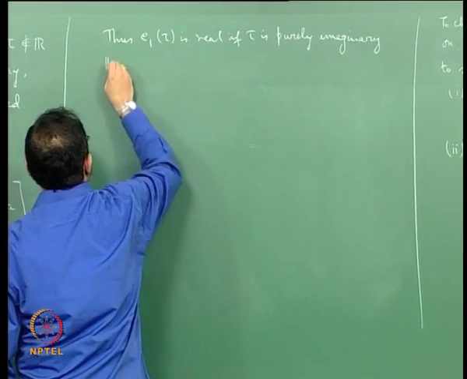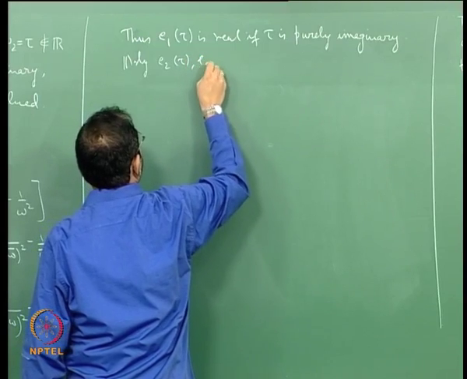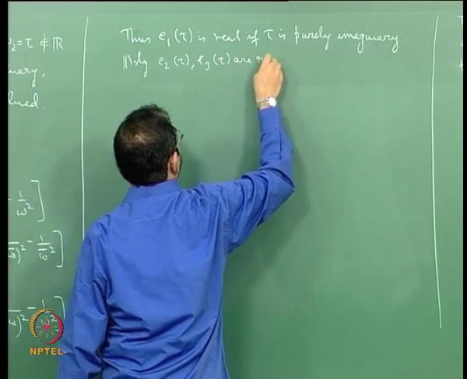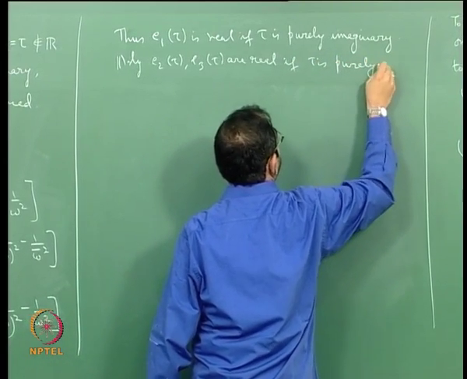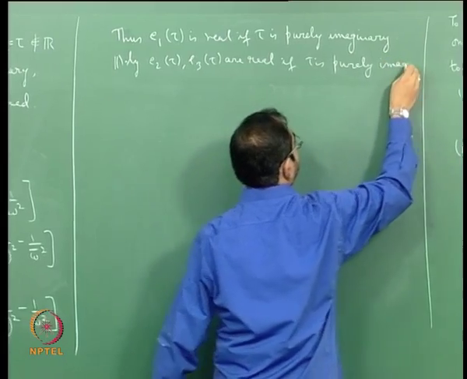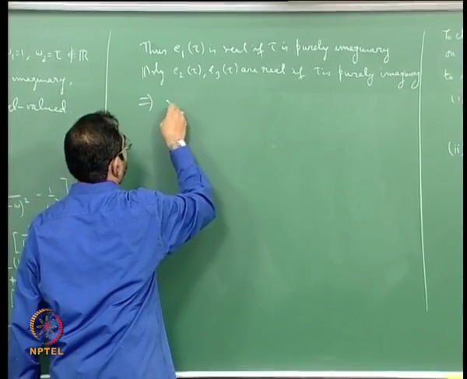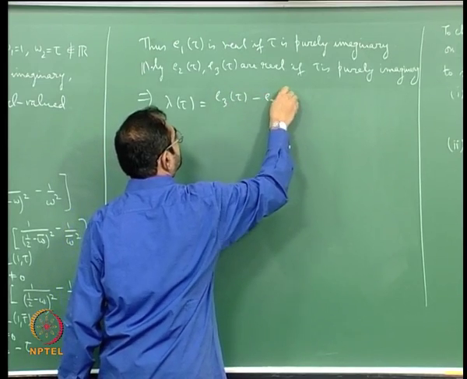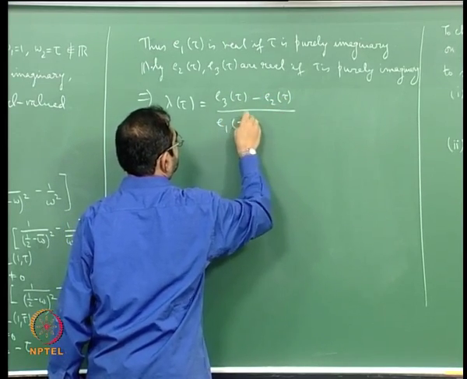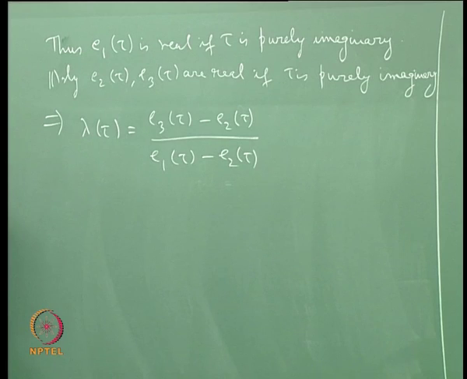Similarly, E2 of tau and E3 of tau are real if tau is purely imaginary. So this implies that lambda of tau, which was defined to be E3 of tau minus E2 of tau by E1 of tau minus E2 of tau, this is how lambda of tau was defined, turns out to be real if tau is purely imaginary.